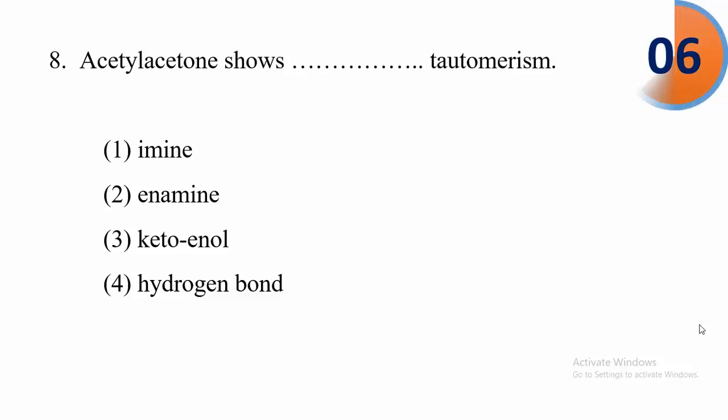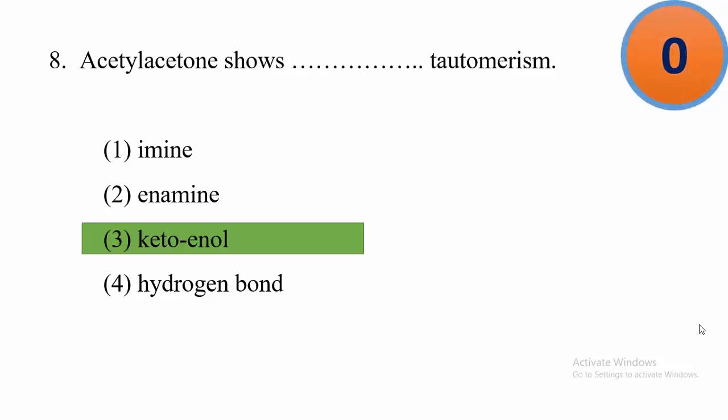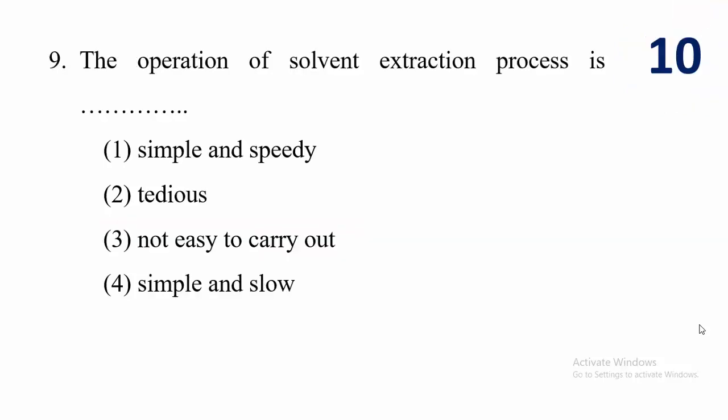We know that acetylacetone has two isomers, and the options are imine, enamine, ketoenol, hydrogen bond. The correct option is ketoenol form, because acetylacetone exists in two isomeric forms, that is called keto and enol tautomerism.